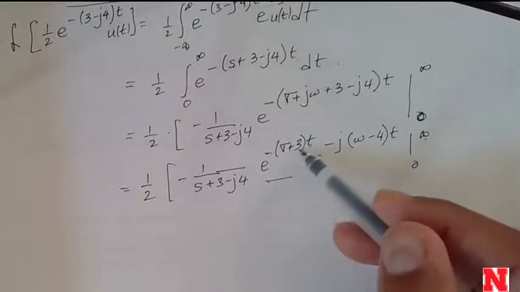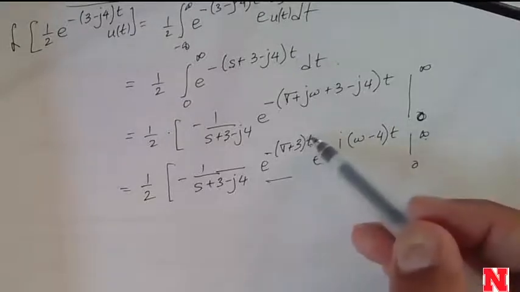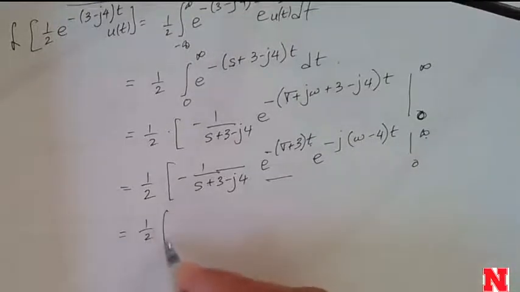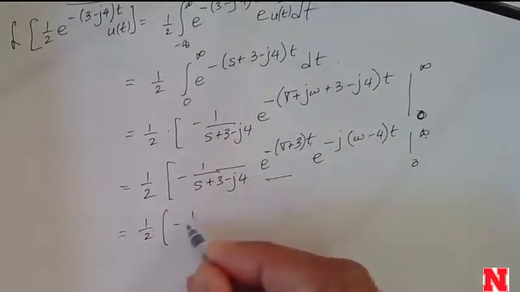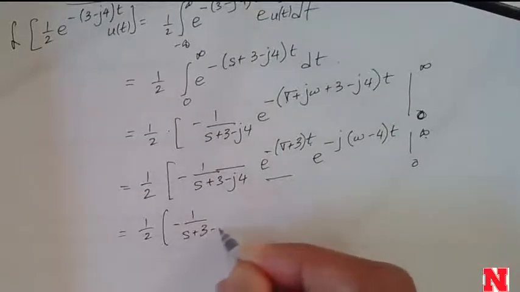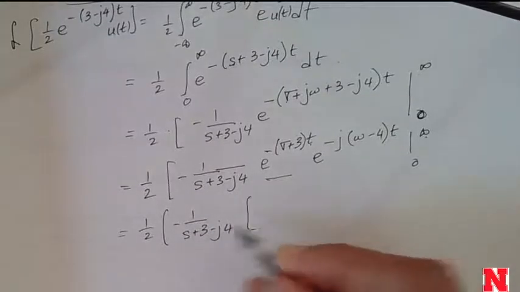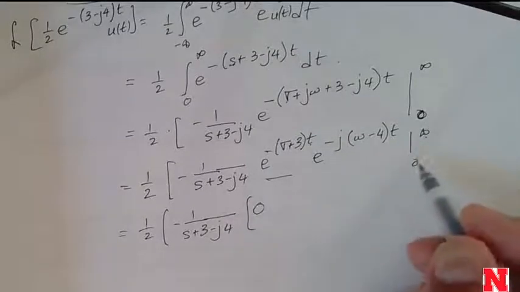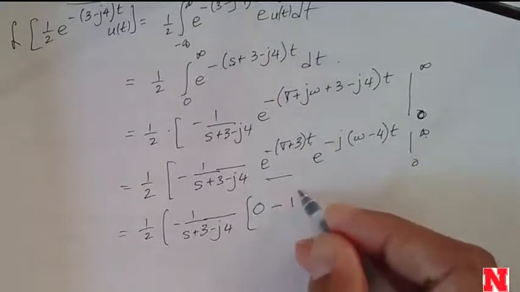And if sigma plus 3 is positive, when I plug in infinity in here, this thing is going to go to 0. So I'll get 1/2 minus 1 over s plus 3 minus j4. And I plug in infinity, this goes to 0. Plug in 0, this goes to 1.